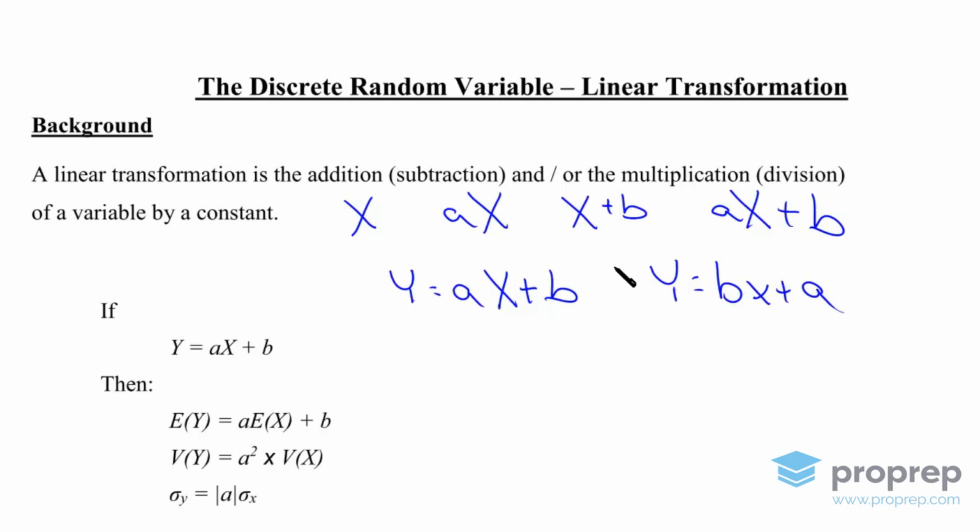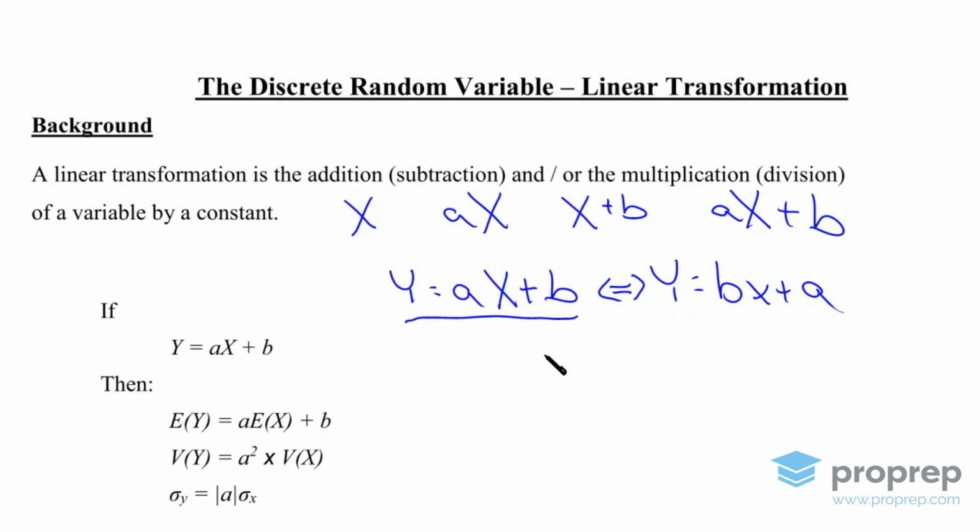Basically, these two expressions are the same. All we did is change the names of the multiplier and the addition constant. Because they're the same, I'll be using y equals ax plus b to express the linear transformation of x.